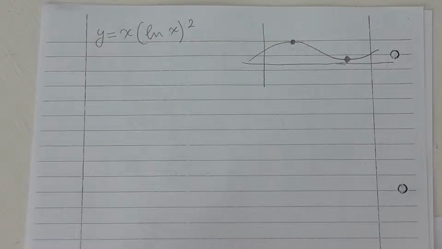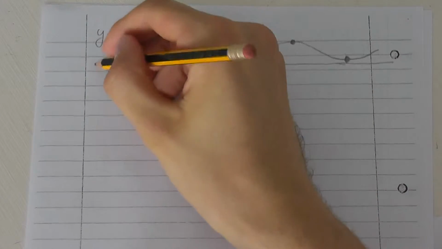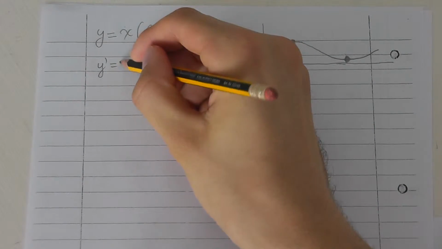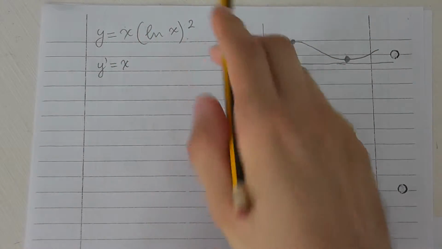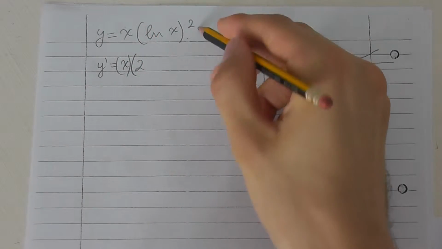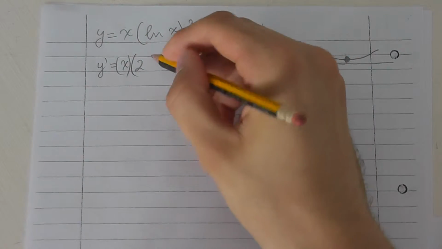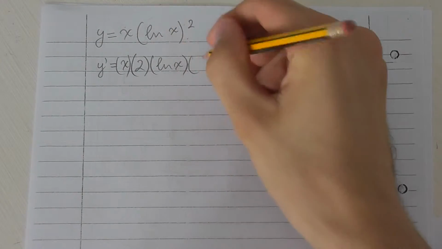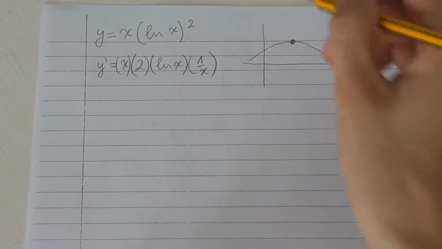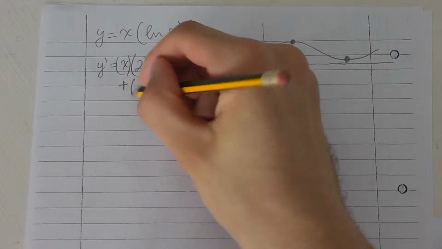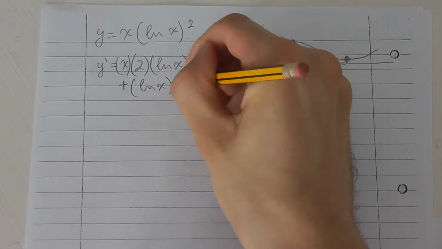Now, we're going to do this, as I said, by taking the derivative. So let's go ahead. We're using the chain rule here. First times the derivative of the second, and the derivative of the second is going to be, we swing down the 2, ln x, and then the derivative of the piece inside, plus the second times the derivative of the first.